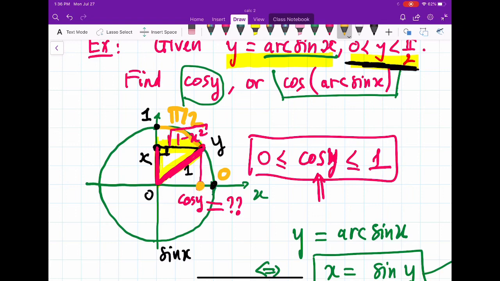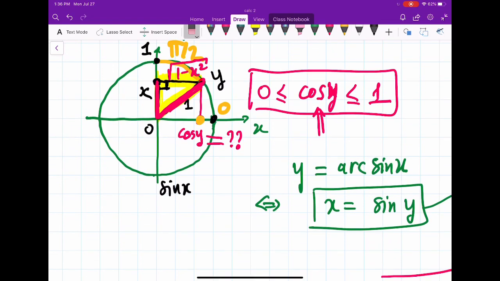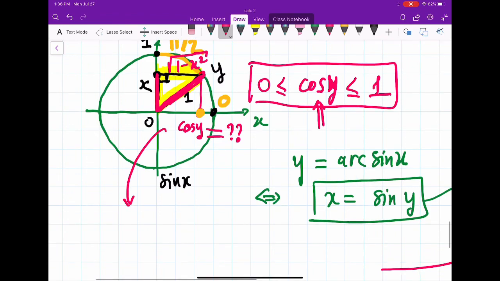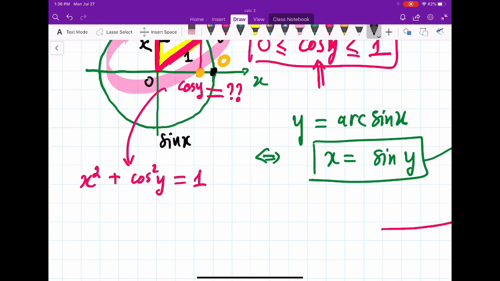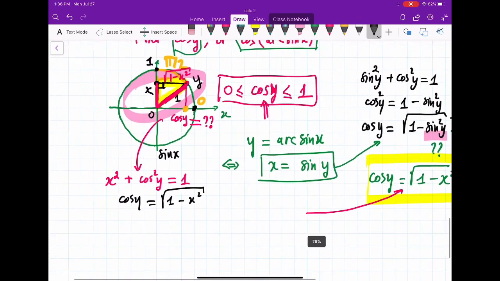You see this? So, sometimes if you use the unit circle, you can solve that really fast. So I have x squared plus cosine square y equal to 1. That's what I see on this triangle. And from here, you can solve for cosine of y, that is the square root of 1 minus x squared. That's what we're getting here.